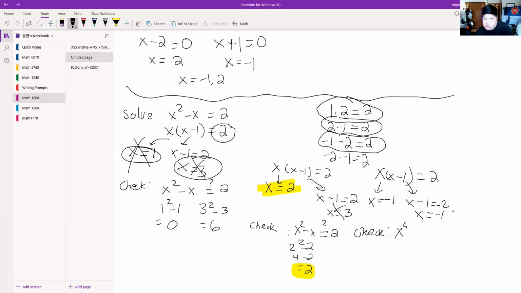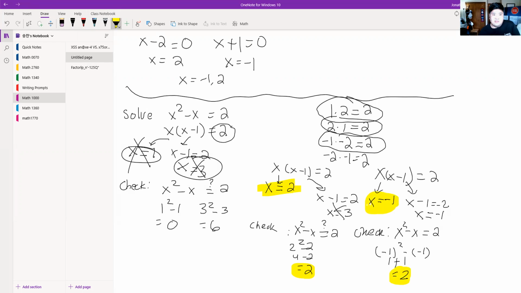In the original equation, x squared minus x, does that equal 2? Well, negative 1 squared minus a negative 1 equals 1 plus 1, which is equal to 2. So that one is actually a correct solution. x is negative 1 because when I substituted that in, I got 2.